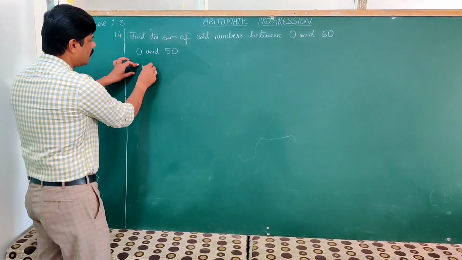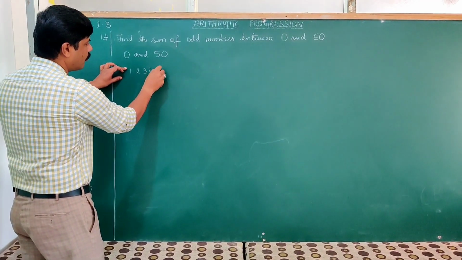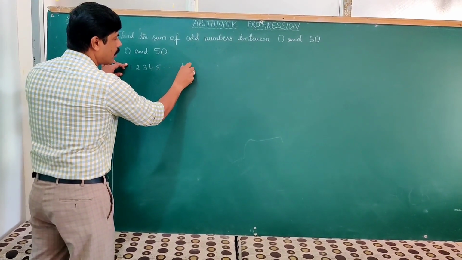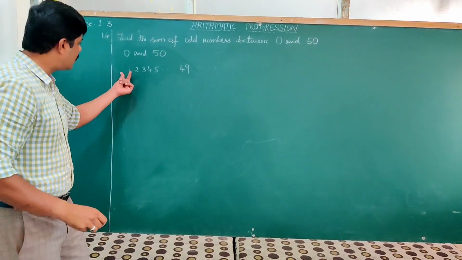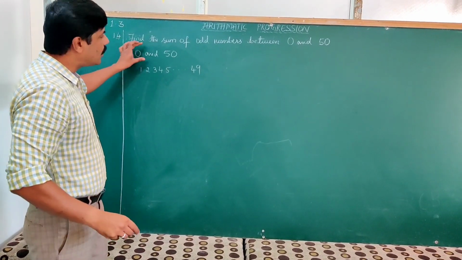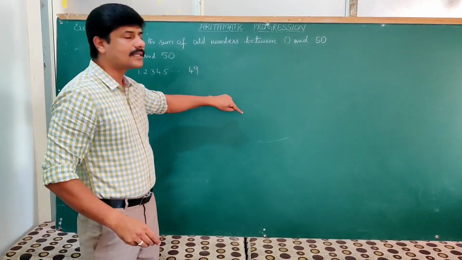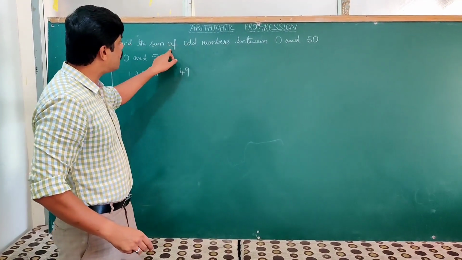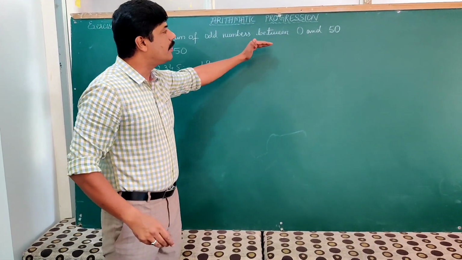After 0: 1, 2, 3, 4, 5, up to 49. These are the numbers 1 to 49 that lie between 0 and 50. But what is asked here is to find the sum of odd numbers between 0 and 50.